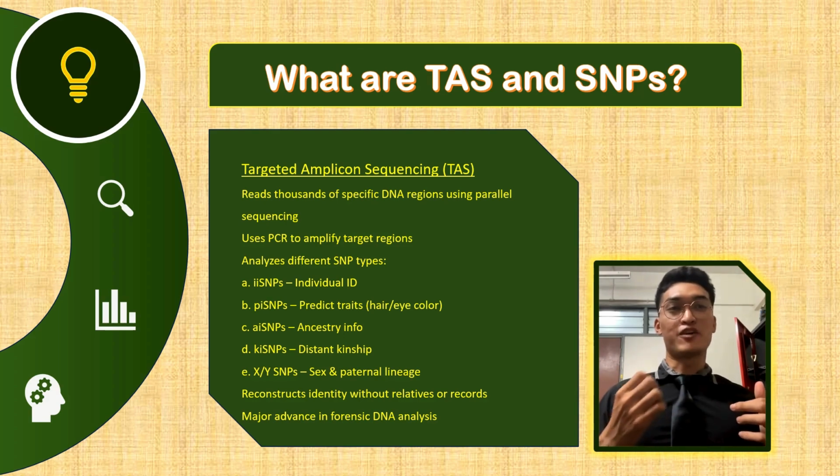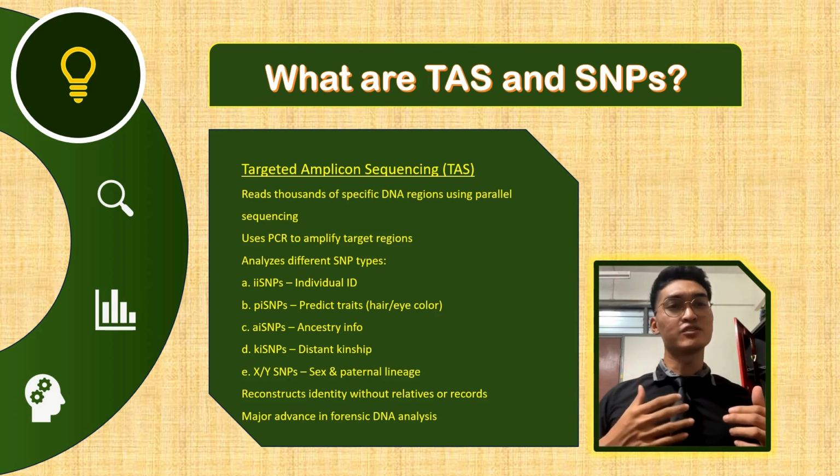A key aspect of TAS is its ability to analyze single nucleotide polymorphisms, small variations at a single base in the DNA sequence. Different types of SNPs provide distinct types of forensic information. For example, identity informative SNPs, IISNP, can distinguish between unique individuals, making them invaluable in identifying unknown persons.